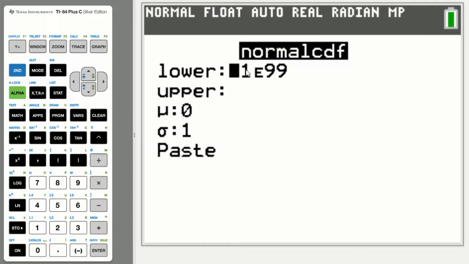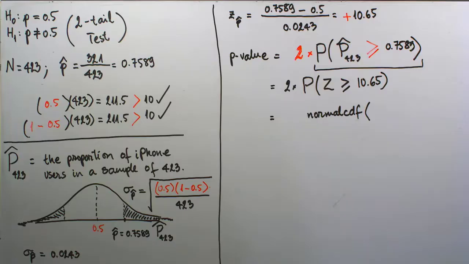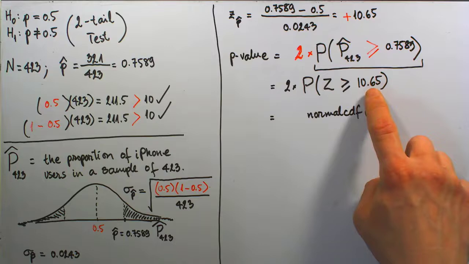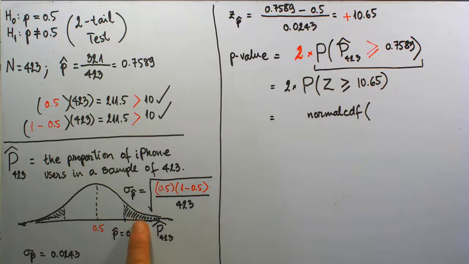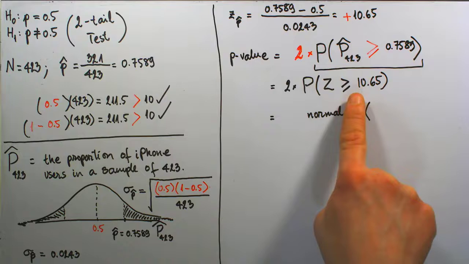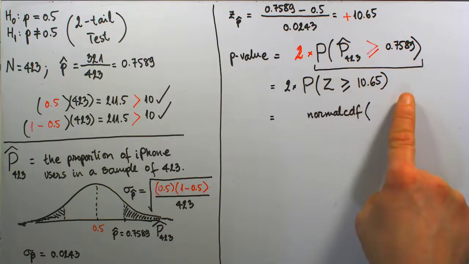And now back on this version of the TI-84 calculator, allow me to show. So low end for this interval. Recall again that we're looking at this interval where it's greater than or equal to 10.65, or it's this area shaded to the right hand side of the value. So we have a low end, but we have an indefinite upper end.